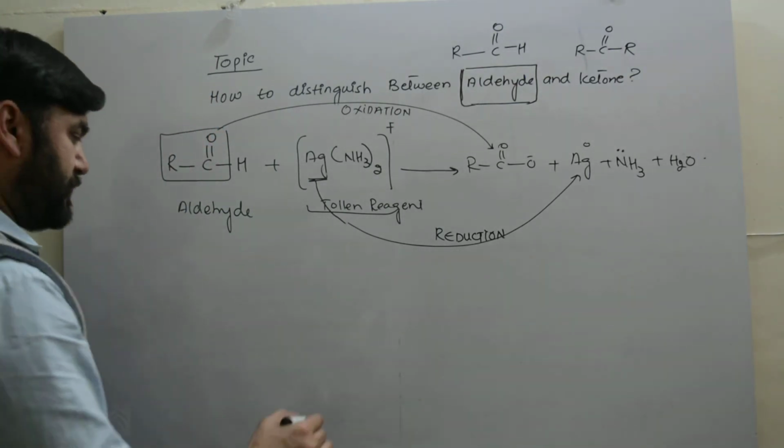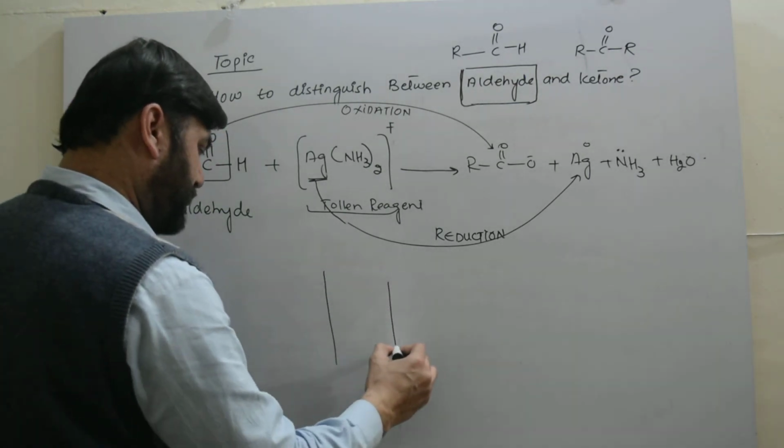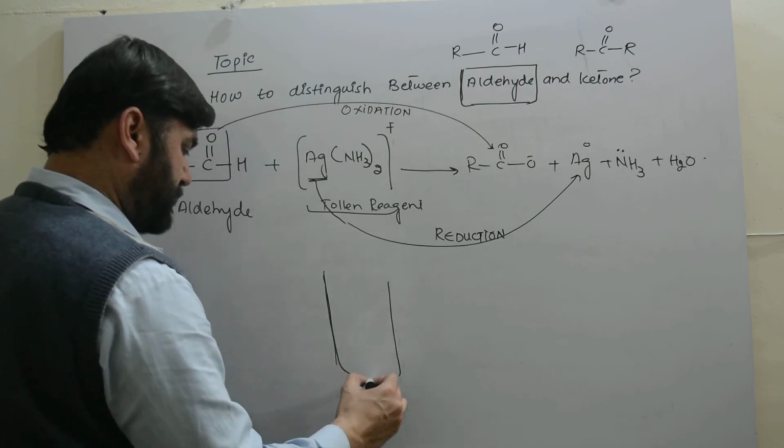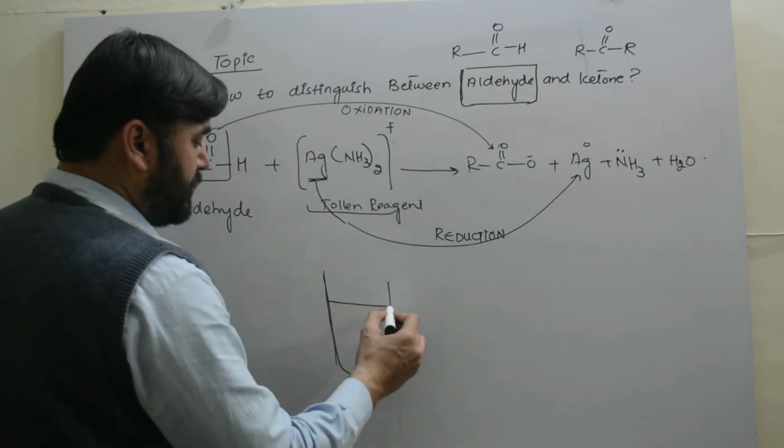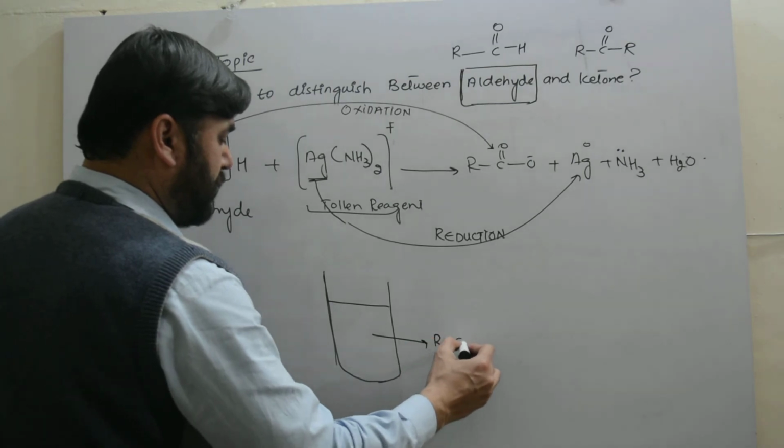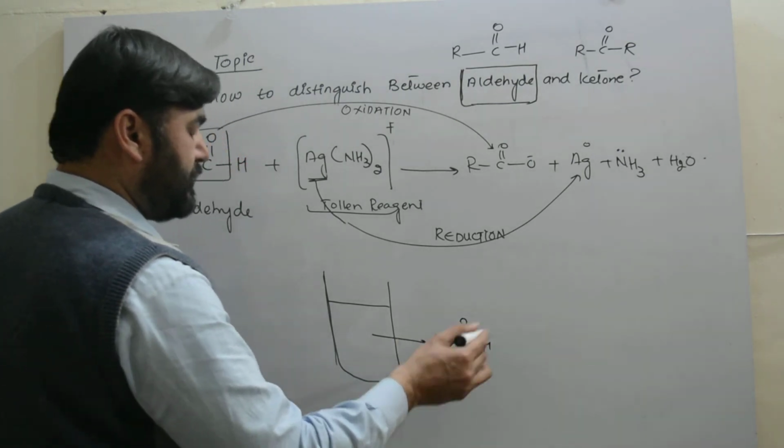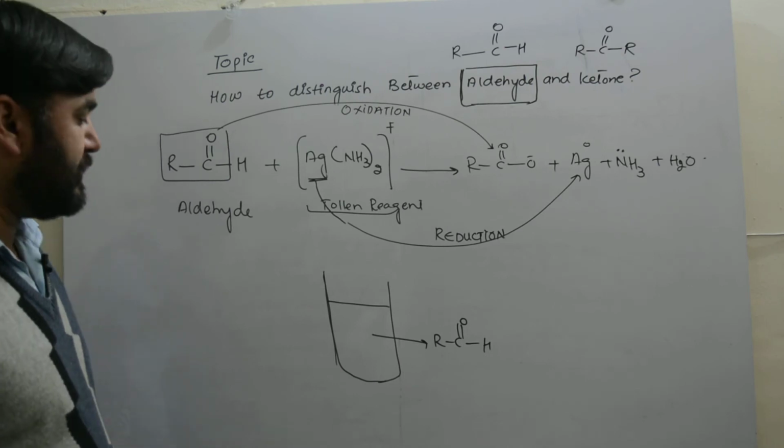Now suppose there is a beaker and let us react it practically. Only the aldehyde group is present, RC double bond OH, any aldehyde, whatsoever.